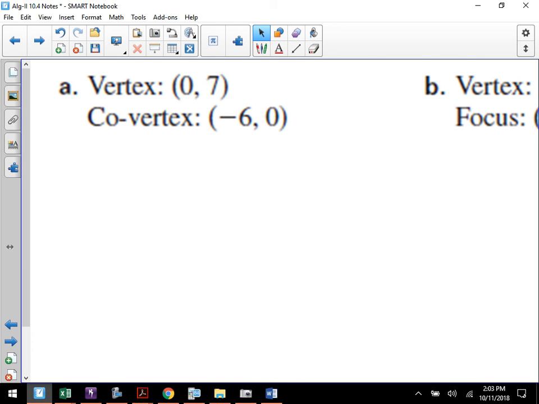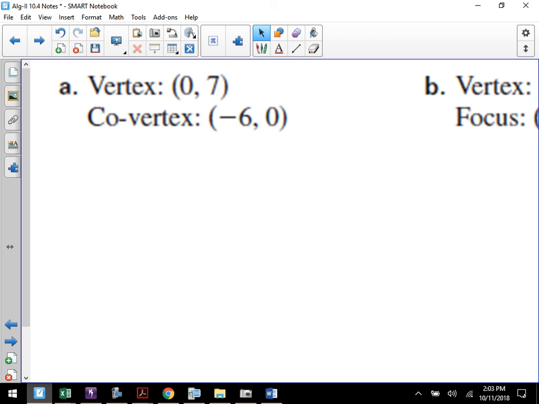Everything here, again, since we're all centered at the origin, works out fairly cleanly. If I give you a vertex and a covertex, you need to figure out, first of all, what direction is being stretched, so you know what goes with A, what goes with B, and so on. So what do you think my first suggestion would be for a problem like this?